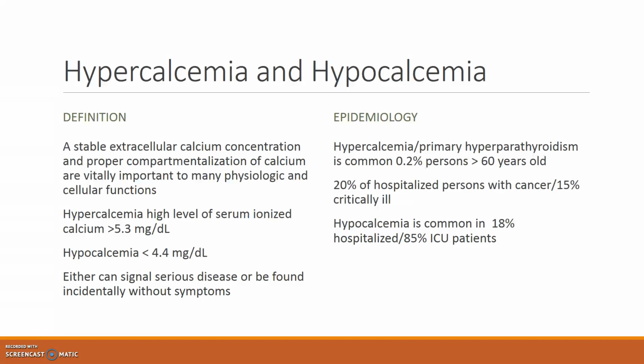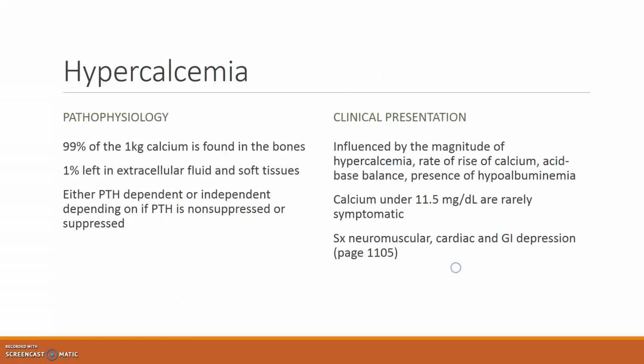Also, in contrast, hypocalcemia is even more common: 18% of hospitalized patients, but 85% of ICU patients, so those critically ill patients. The pathogenesis behind our calcium levels is about 99% of the 1 kilogram of calcium in our body is found in the bones.